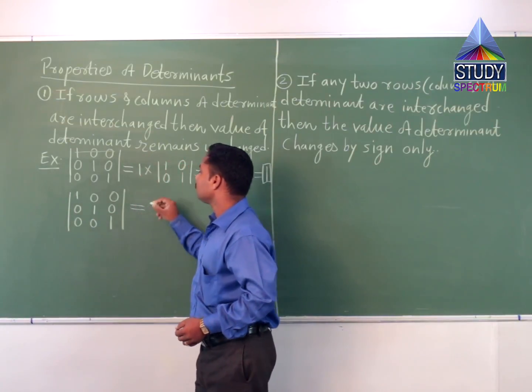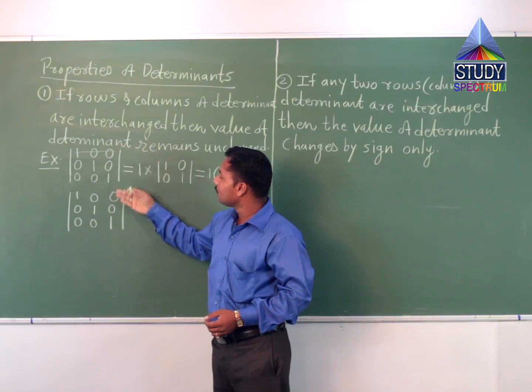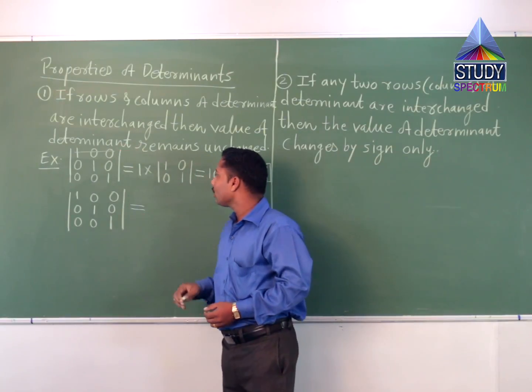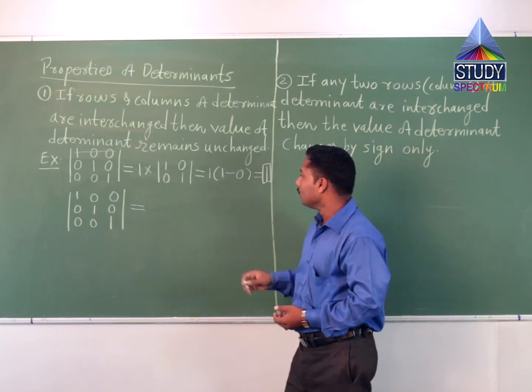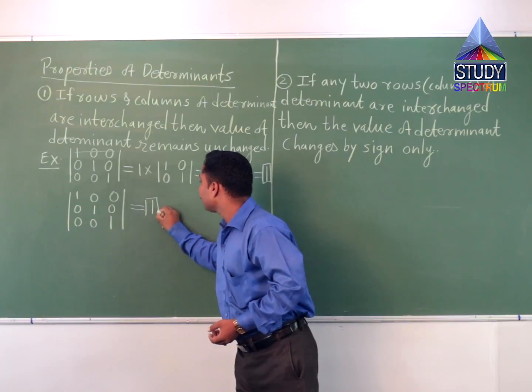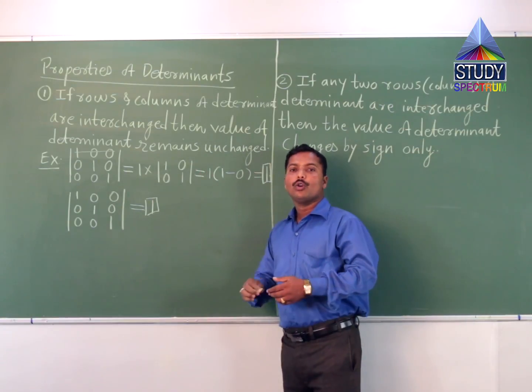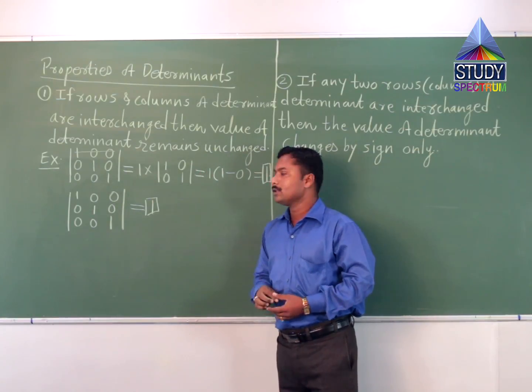So it is the same determinant, and its value is already obtained, which is 1. Therefore there is no change in the value if the rows and columns are interchanged.